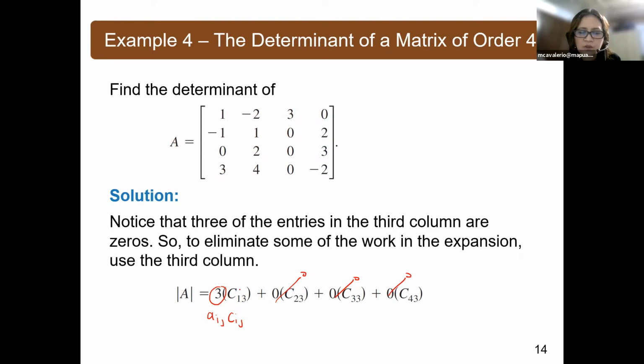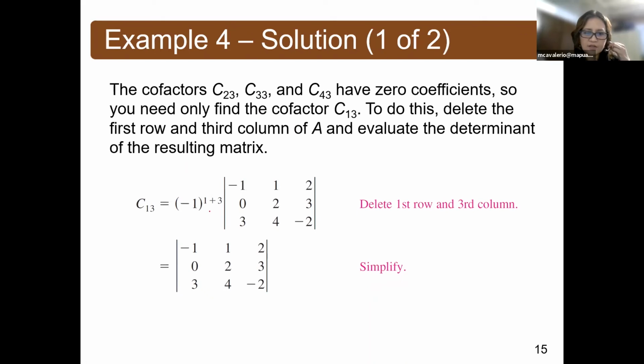Now, we know that cofactor C13 is just equivalent to negative 1 raised to 1 plus 3, so that will be positive, multiplied by the minor of 13. So we only need to find the minor of 13. Using the checkerboard sign, that is simply positive. And this is the submatrix that results when we delete the first row and the third column.